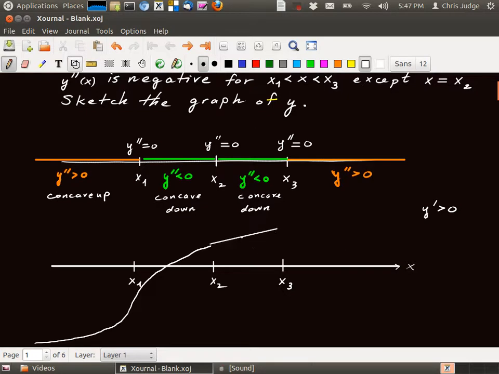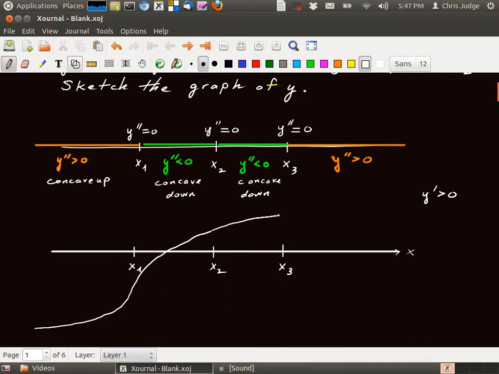But we have to keep going up. At x3, the second derivative changes and it becomes positive again. That means we turn up. Notice that this function's always increasing because the first derivative is positive. So we have to draw an increasing function.